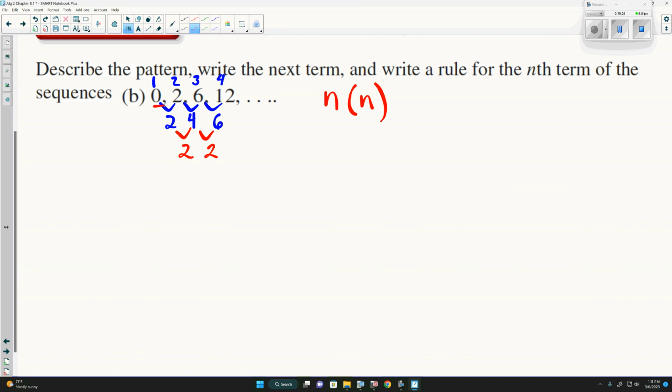Because our first number in the sequence is 0. So whenever we take a sub 1, we somehow want this 1 and 1 to work out to be 0. Well, we know just leaving it as n times n is not going to work, because 1 times 1 is 1, not 0. So how can I manipulate this to get 0?